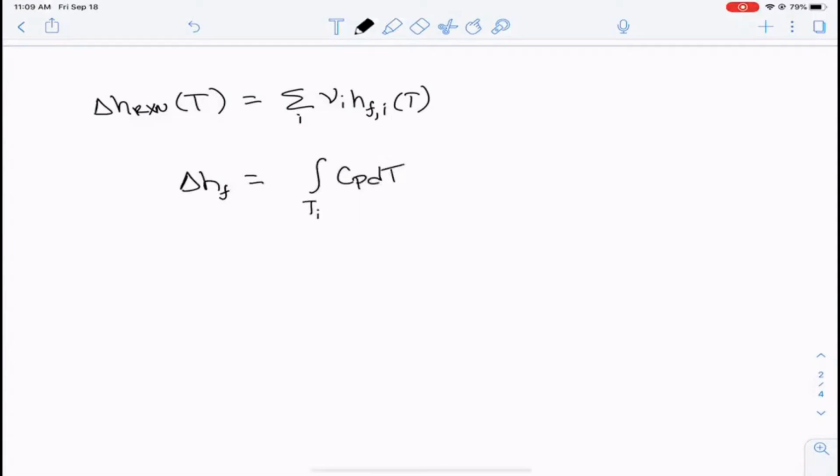From T1, or the initial temperature, to the final temperature, or to keep the notation the same, from T0 to T. And so that means that the heat of formation at some higher temperature minus the heat of formation at the standard temperature is then equal to the integral from T0 to T of CP dT.